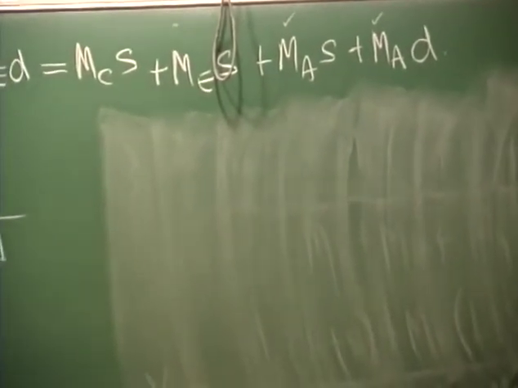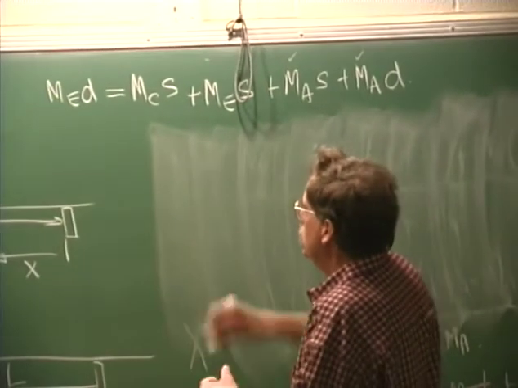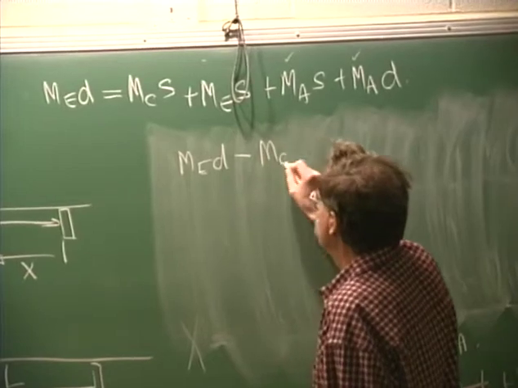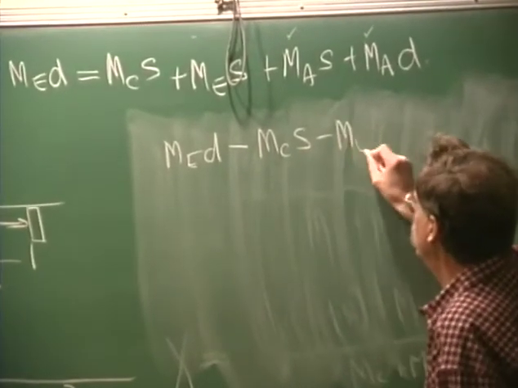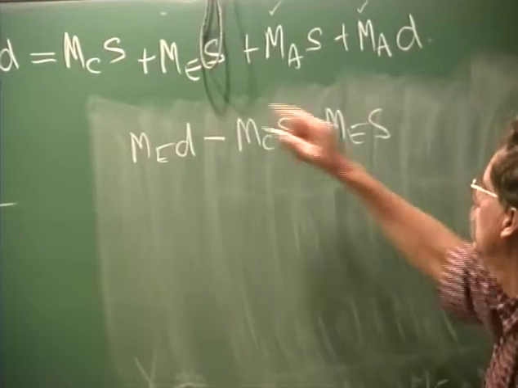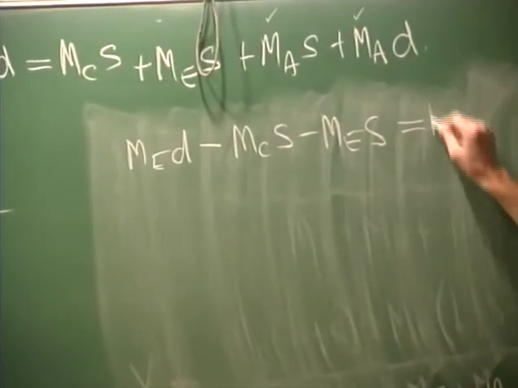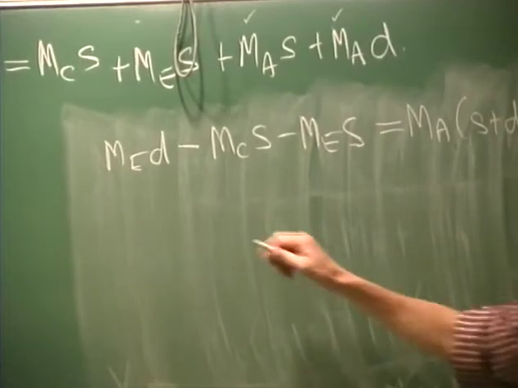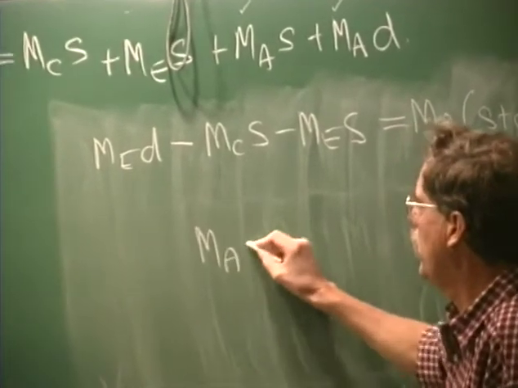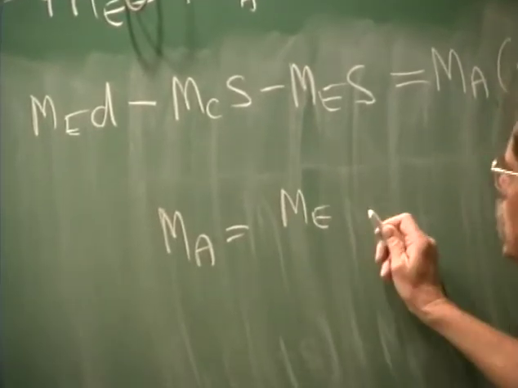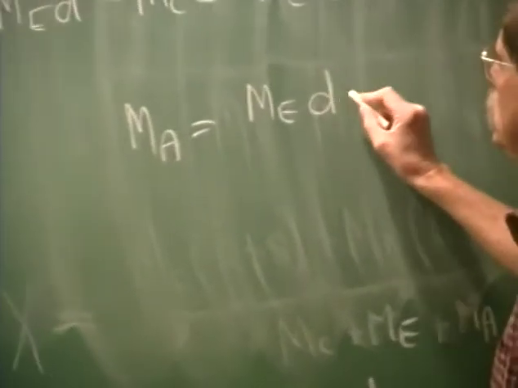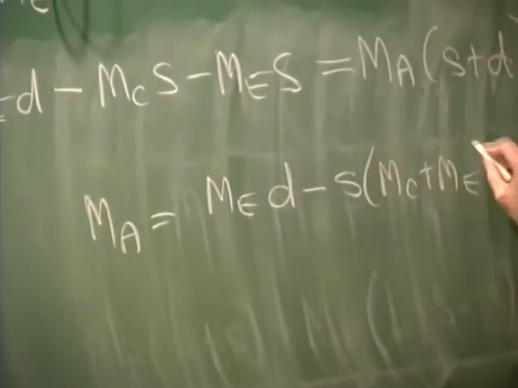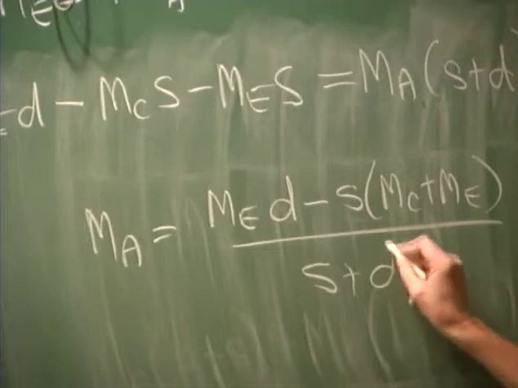So let me get all the other stuff over to the other side. I see ME times D minus MC times S minus ME times S equals MA times S plus D. Divide through by that and I get MA equals ME times D minus S times MC plus ME, divided by S plus D.